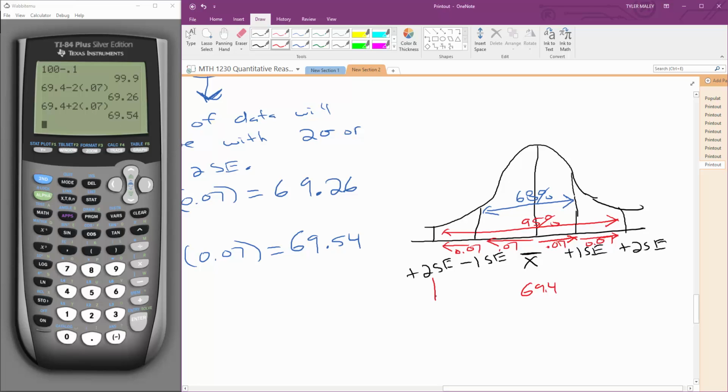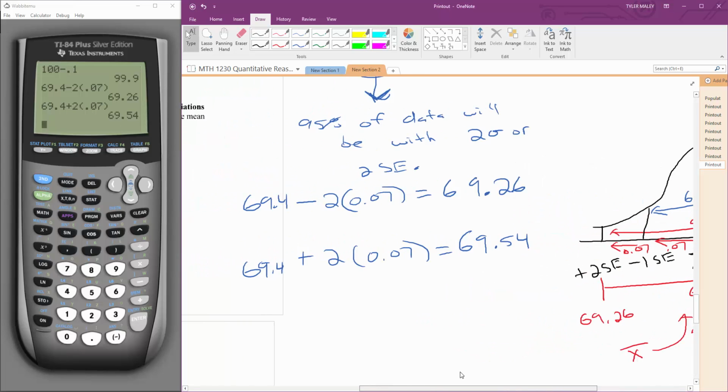So this is 69.26, and this came out to be 69.54. Within this range, if someone else repeats my study, I can expect their mean to fall within here 95% of the time. That's what this 95 means.